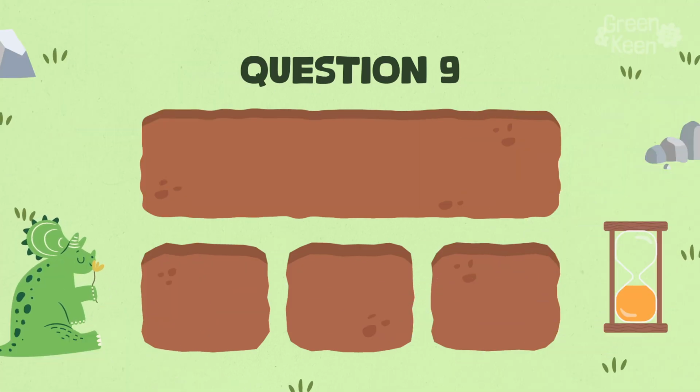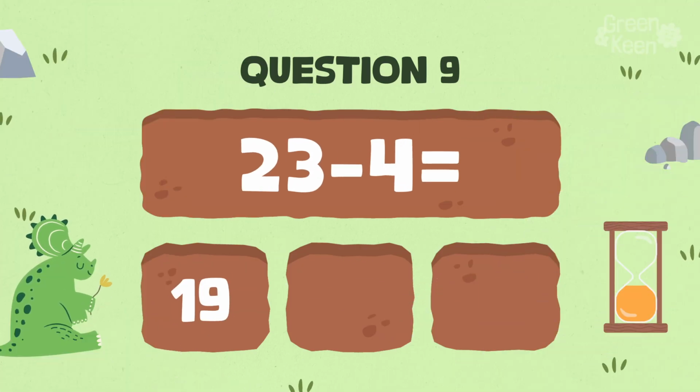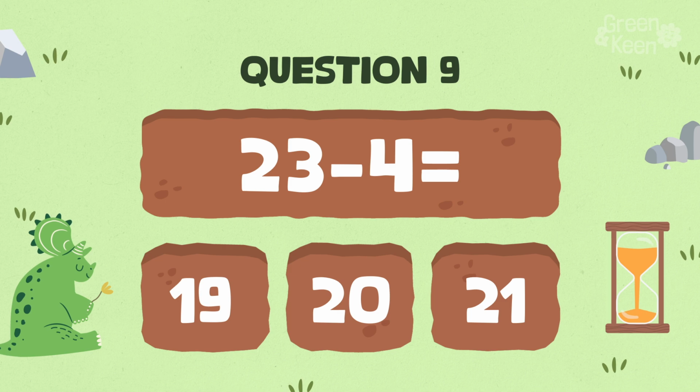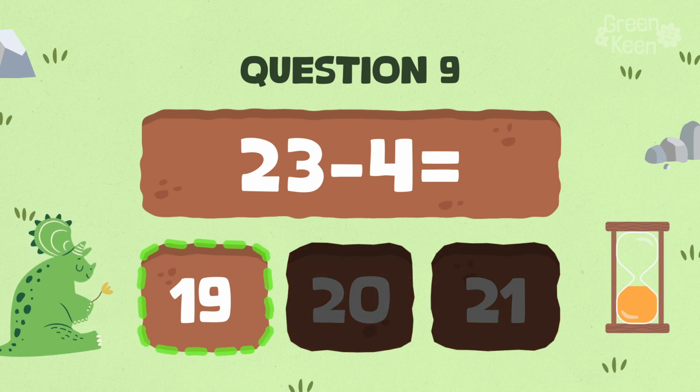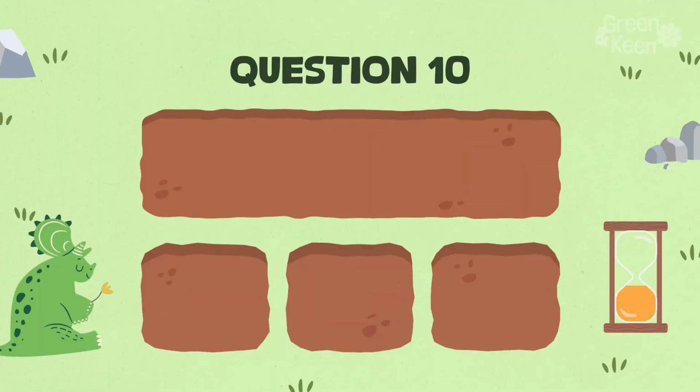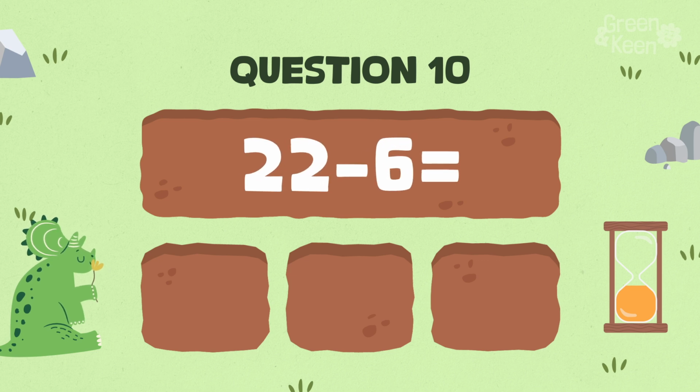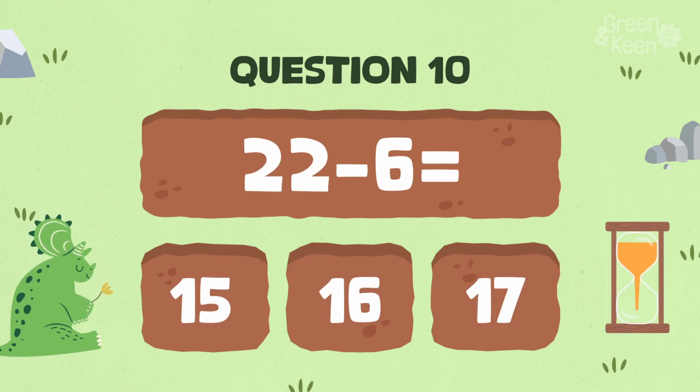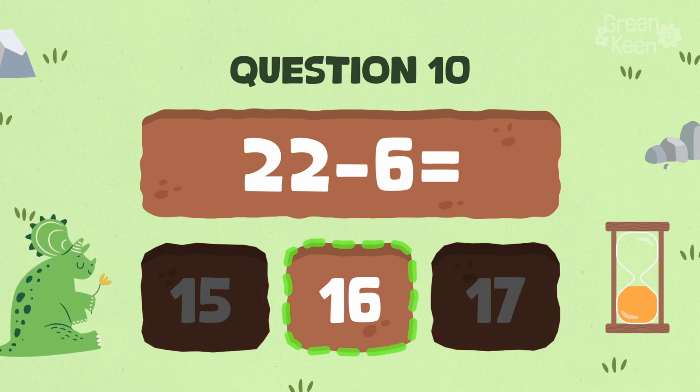Question number 9. 23 minus 4 equals... The answer is 19. Question number 10. 22 minus 6 equals... The answer is 16.